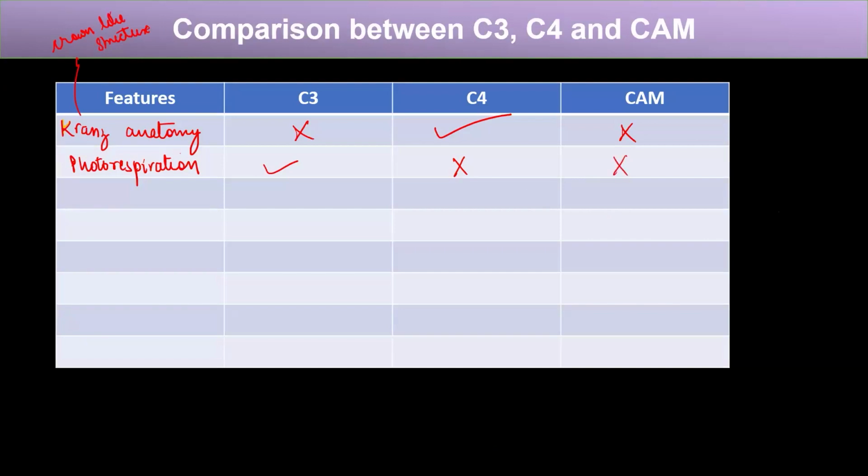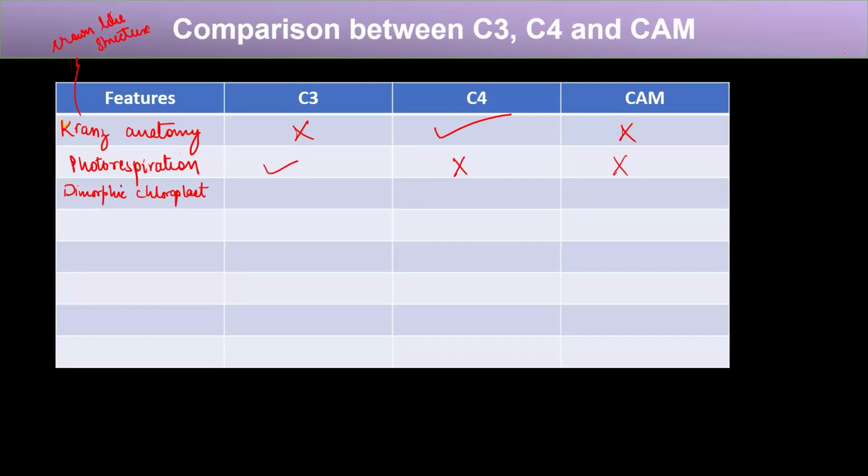Okay. Now, if we talk about the morphology of chloroplast, we saw a term called dimorphic chloroplast. We know that photosynthesis takes place in leaves, specifically in the mesophyll cells, and in the mesophyll cells it takes place in the chloroplast, right?